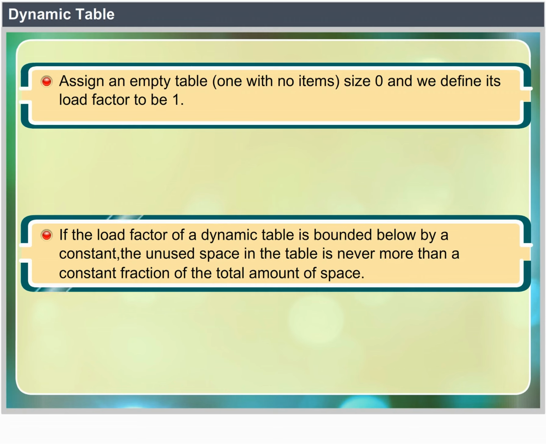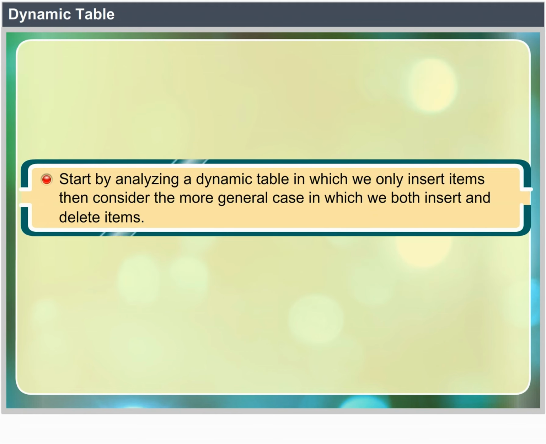If the load factor of a dynamic table is bounded below by a constant, the unused space in the table is never more than a constant fraction of the total amount of space. We start by analyzing a dynamic table in which we only insert items, then consider the more general case in which we both insert and delete items.